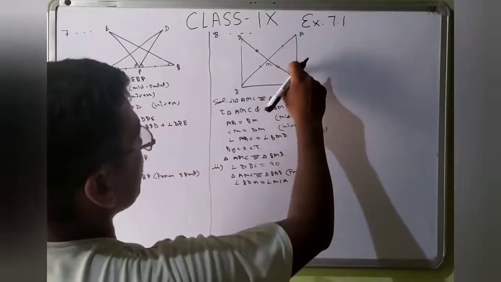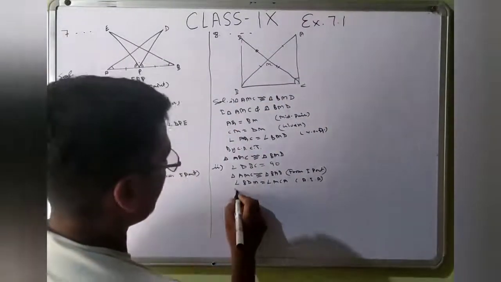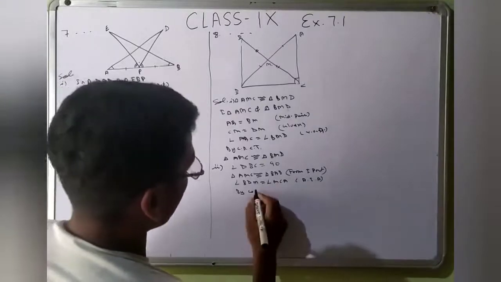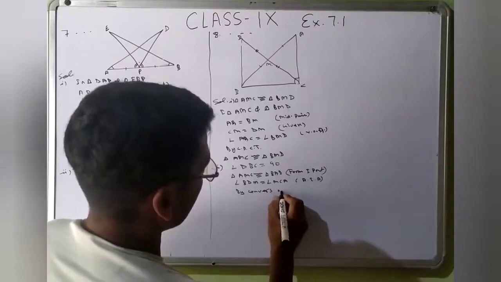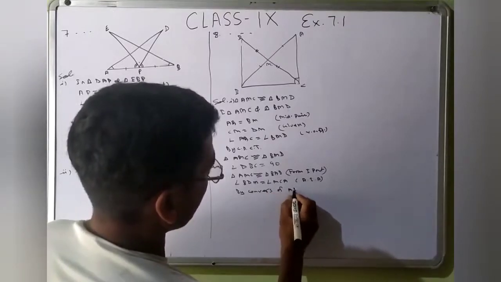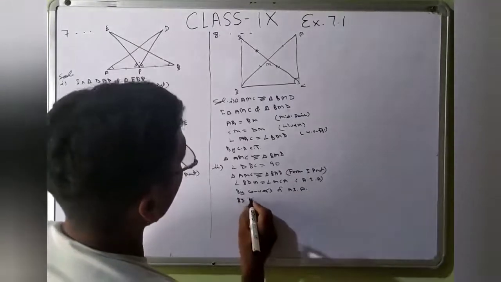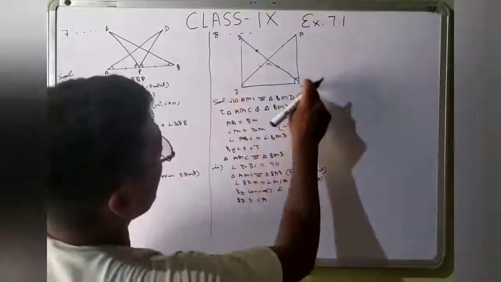This and this. Similarly, this will be also equal. So by converse of alternate interior angle, BD parallel CA.